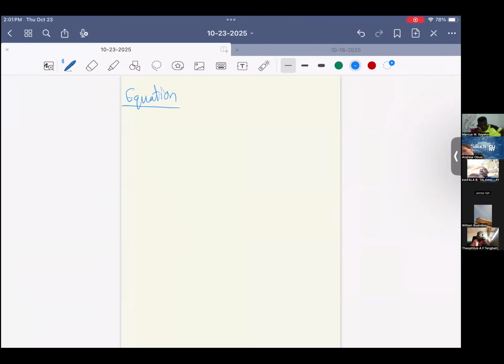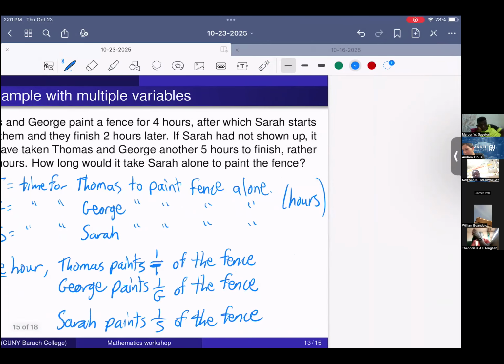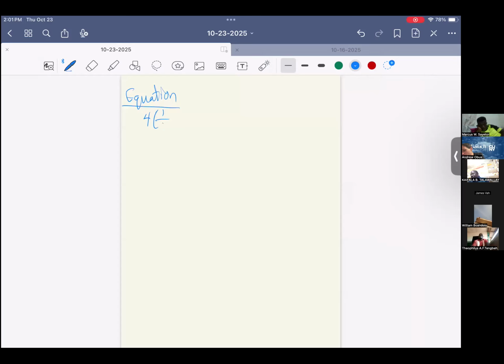So the first equation says that for 4 hours, how much do Thomas and George paint in the first 4 hours? Well, it's 4 times 1 over t plus 1 over g. And then plus another 2 hours where they're all painting. So that's 1 over t plus 1 over g plus 1 over s, and this equals 1 fence.